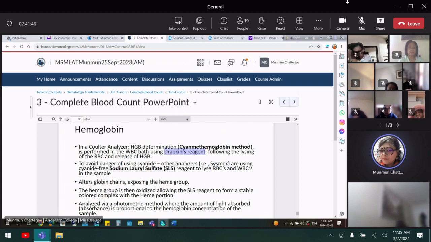And what product do we measure for the hemoglobin? The ultimate product is the cyan methemoglobin. So in the WBC bath, the cells are hemolyzed to release the hemoglobin.